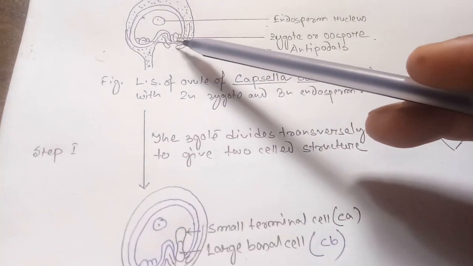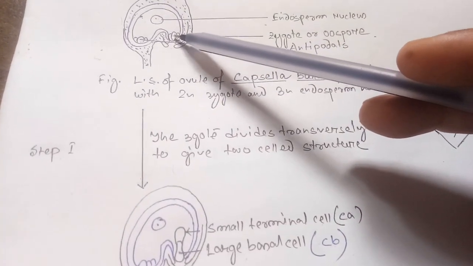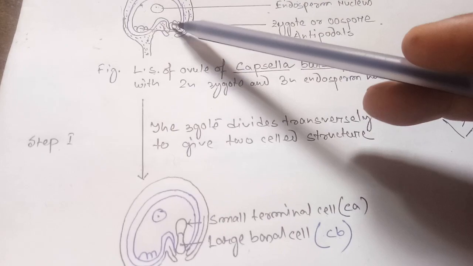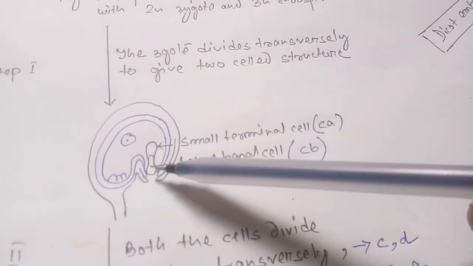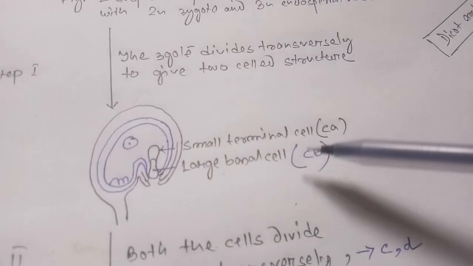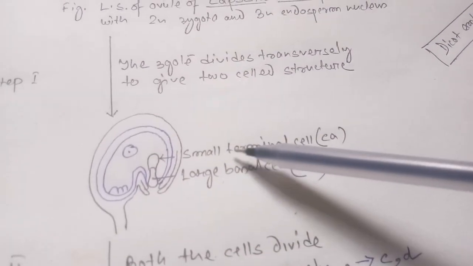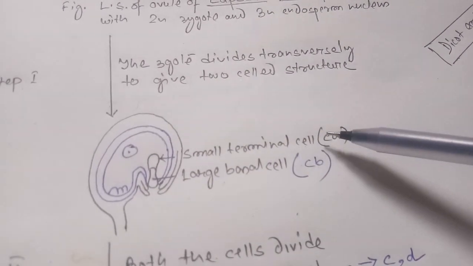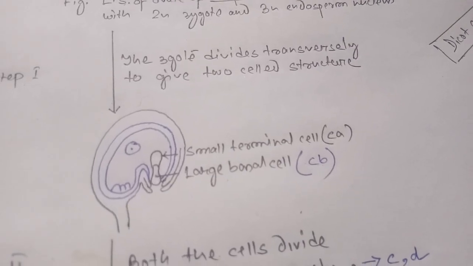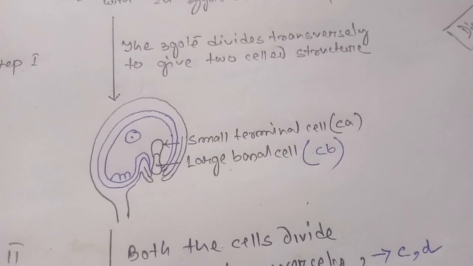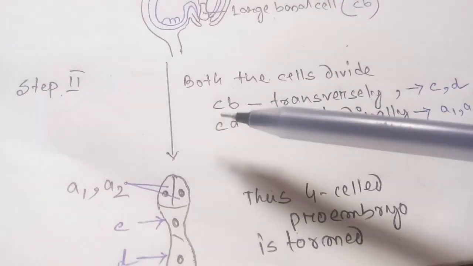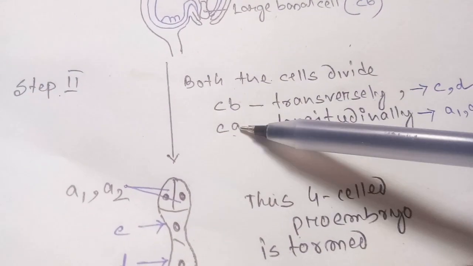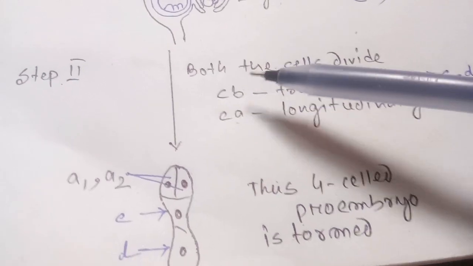In the first step, this zygote cell will divide transversely to give rise to a two-celled structure: the lower, larger basal cell, that is CB, and the smaller terminal or apical cell, that is CA. In the next step, both CA and CB will divide.